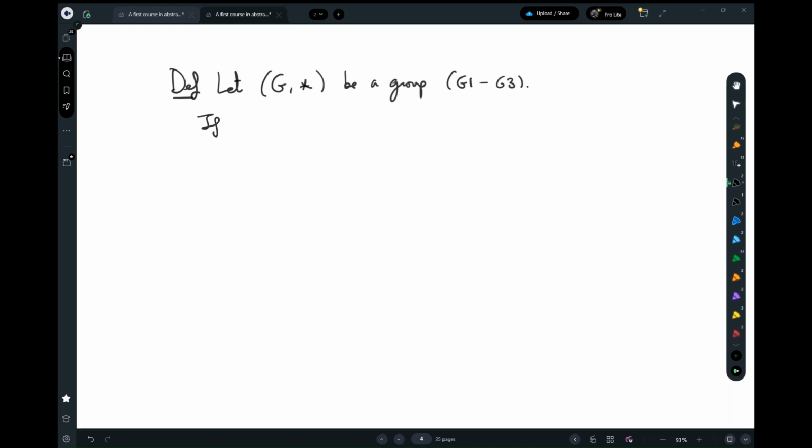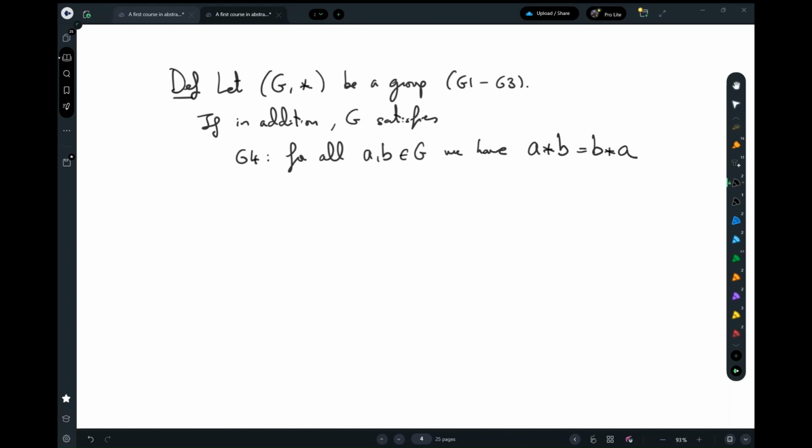And then if in addition G satisfies G4, which is that for all A and B in G, we have that A star B is the same as B star A, then we say that G is an abelian or commutative group.